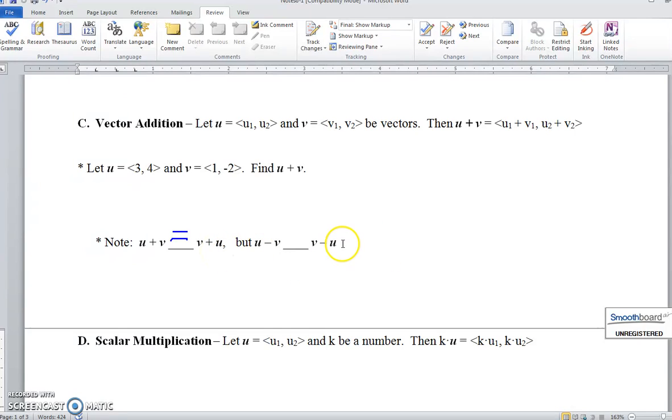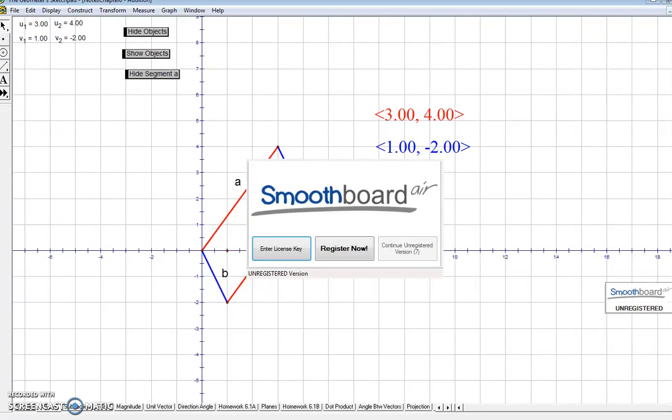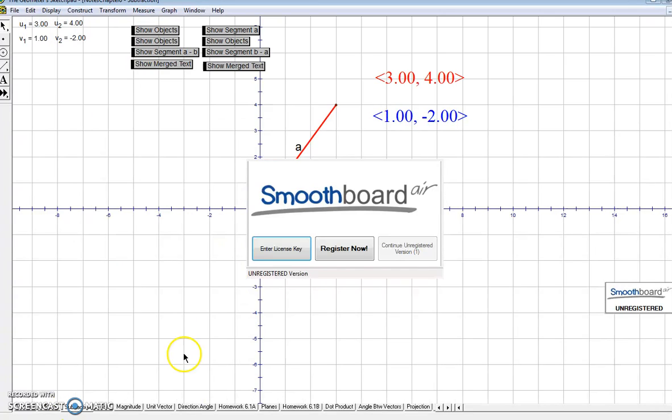But what's going to happen with subtraction? So subtraction works the same way that addition would. It's just instead of these plus symbols here, you would have subtraction. So let's see what happens in Sketchpad if we look at that example. Let's go to the subtraction page.